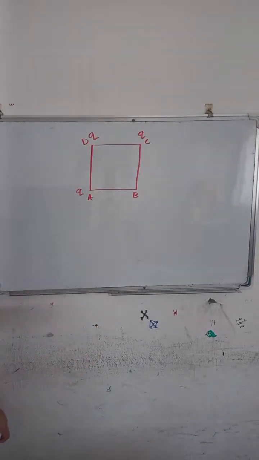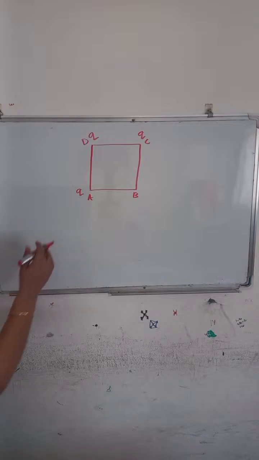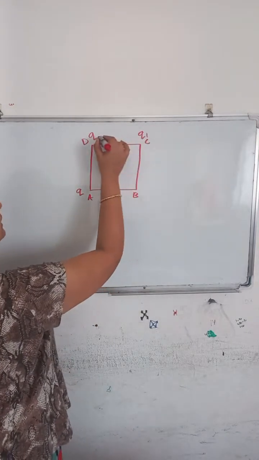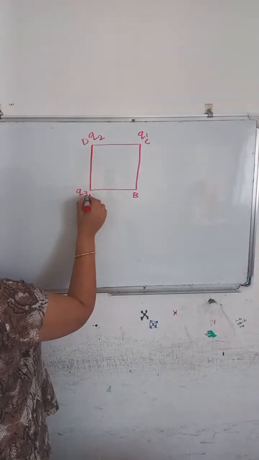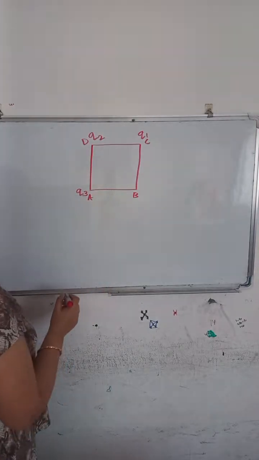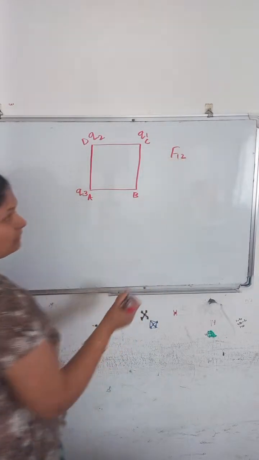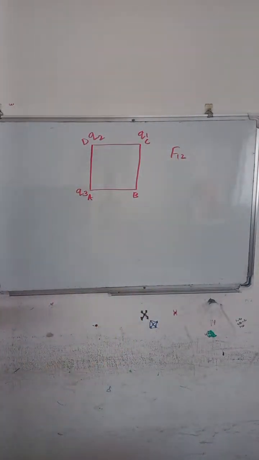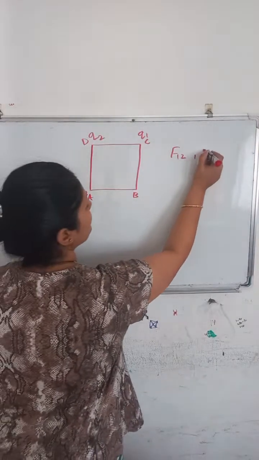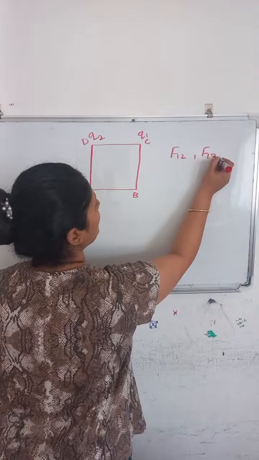Can you get this? These are nothing but the charges they kept. If you want, you can take them as Q1, Q2 and Q3. Here the forces are F12 and F13. They are interested in F12 and F13.